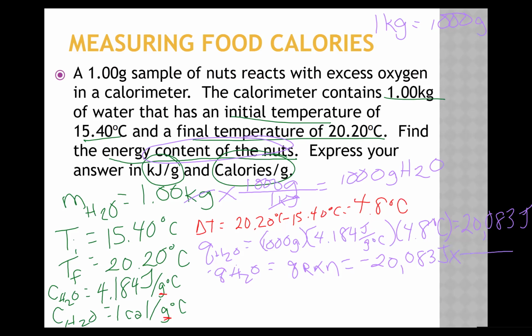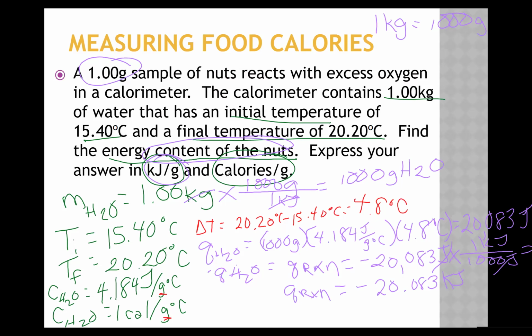Joules cancel out, so it's 20,083 times 1 kilojoule over 1,000 joules. So the heat of the reaction for the nut is negative 20.083 kilojoules. But we wanted to know kilojoules per gram.